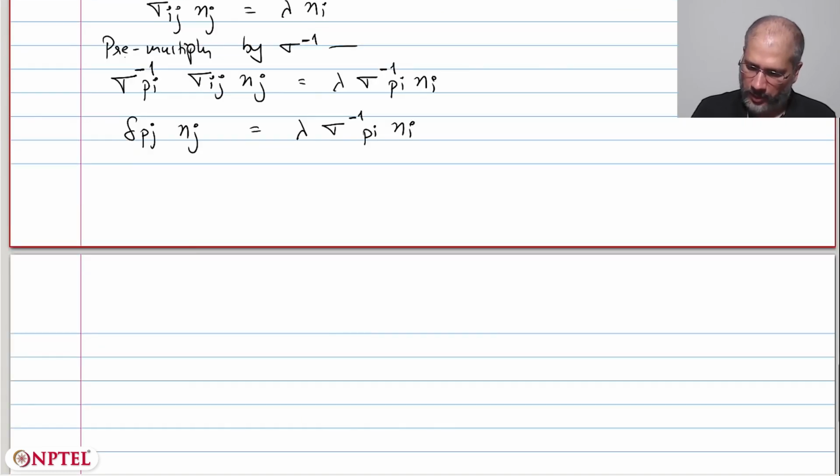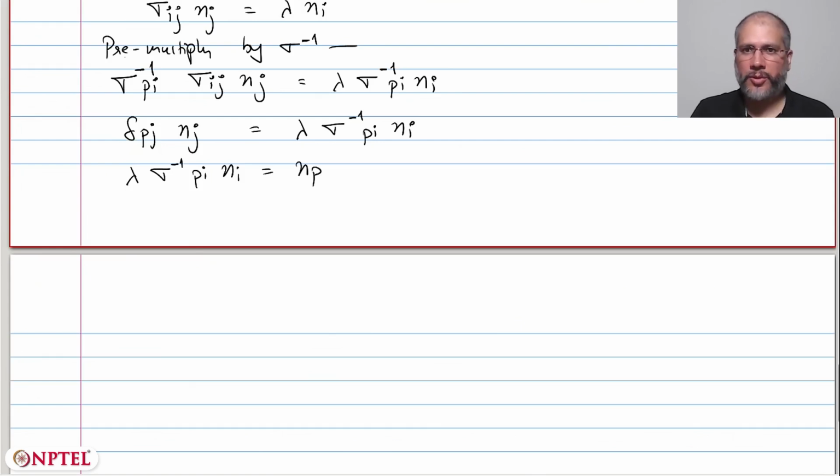We now write it in this way, so that this term goes to the left, and you'll see why. So this becomes lambda times sigma inverse pi times ni, equals, and then the right hand side is delta pj nj, which is basically np.